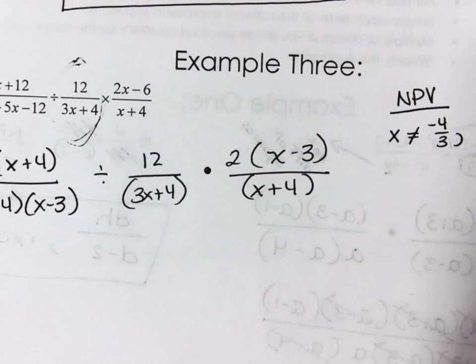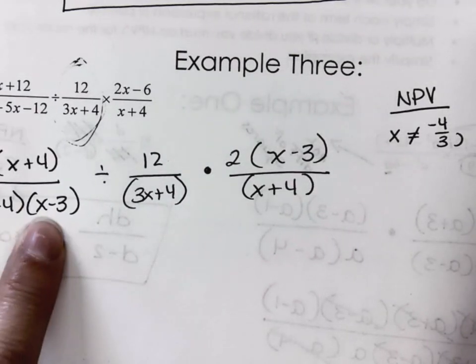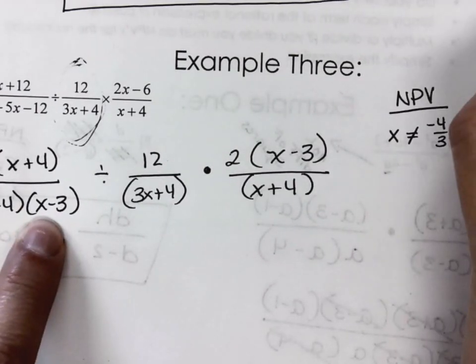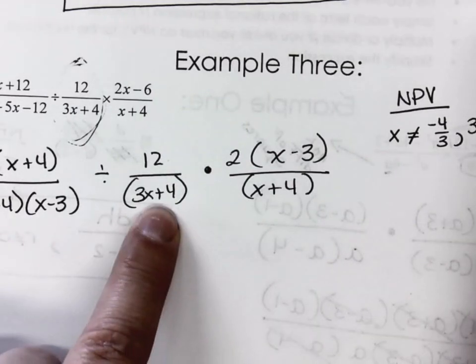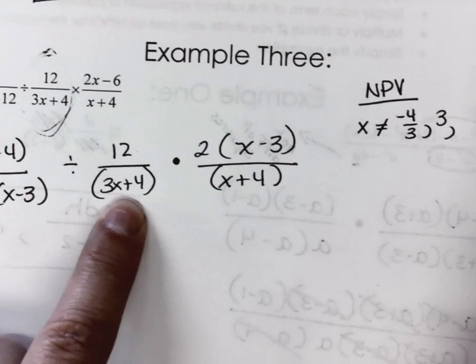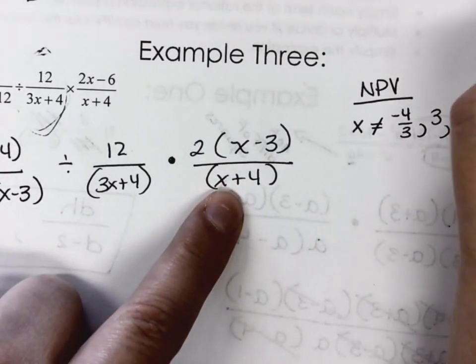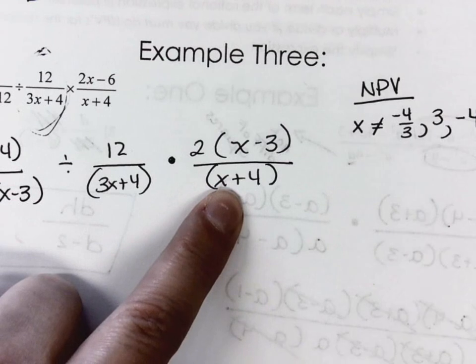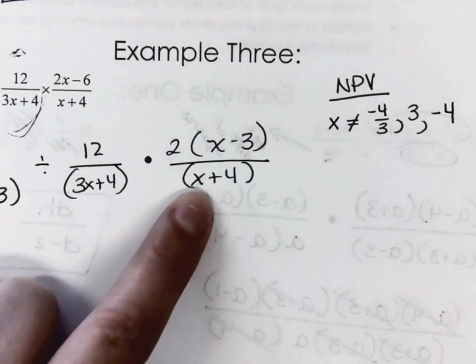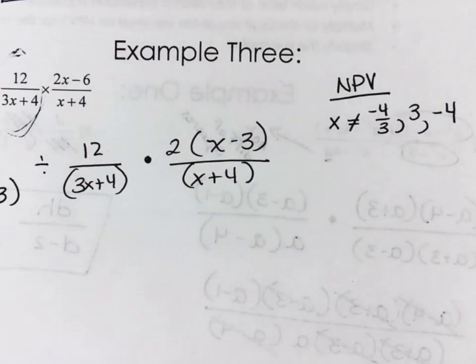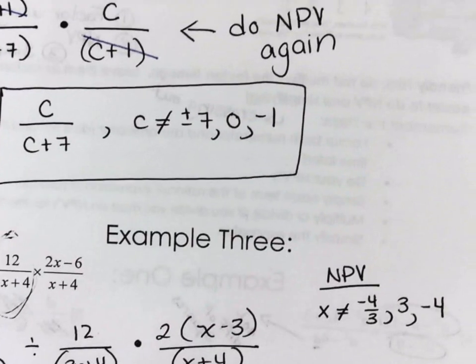Just going to leave it as a fraction. I can do that in my head. What about this one? +3. This one's the -4/3 again. I don't need to rewrite it. It's already listed. And then this one's going to be -4. Okay. Quick question.